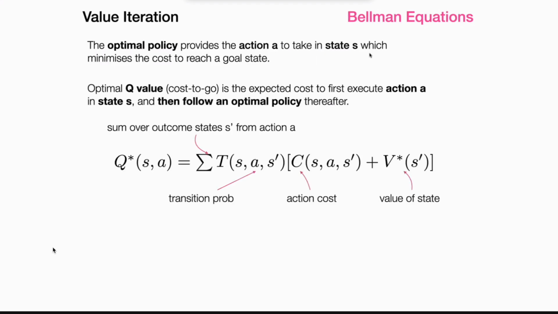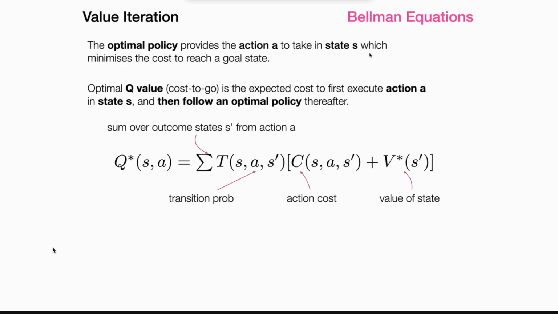So we're going to express that cost using something called a Q value. And the Q value is sometimes also called the cost to go. So it's the cost to go from that state via the action to the goal. And there's a couple of important things here that we'll just go through slowly.